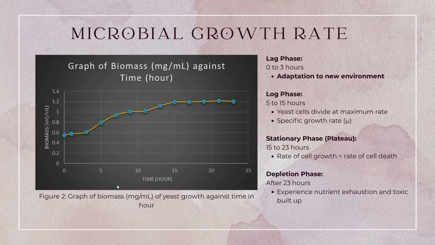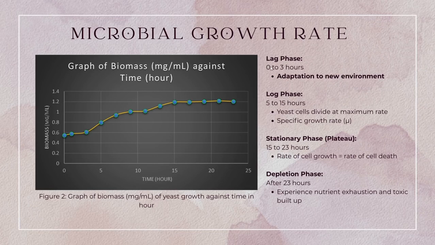By using the equation, I can plot the graph of biomass in milligram per mil of yeast growth against time in hour. By plotting the graph, I can observe the 4 phases of biomass produced.